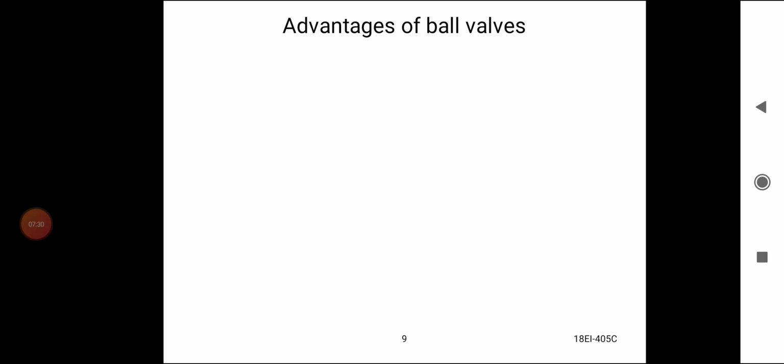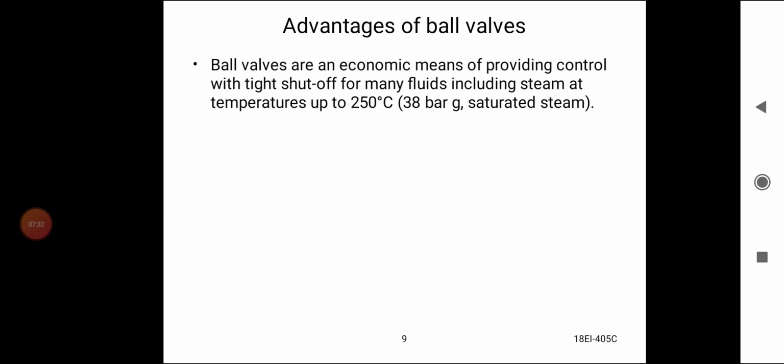Advantages of ball valves. Ball valves are an economic means of providing control with a tight shutoff for many fluids, including steam at temperatures up to 250 degrees centigrade or 38 bar gauge saturated steam.